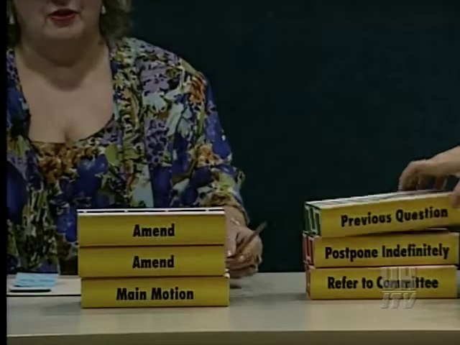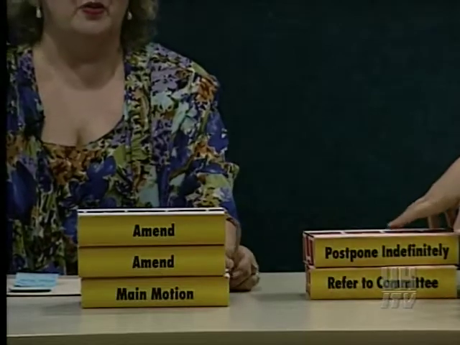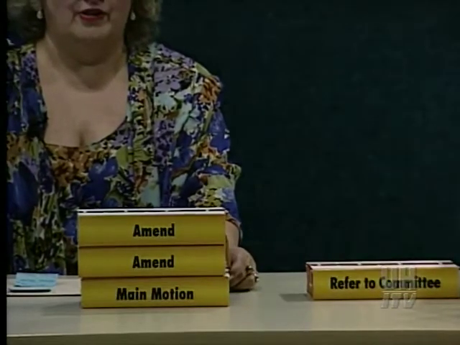You are now voting immediately on the amendment to add the words and golf. All those in favor of adding the words and golf to football, say aye. Aye. Those opposed? Nay. Okay, the ayes have it, and the amendment is adopted.